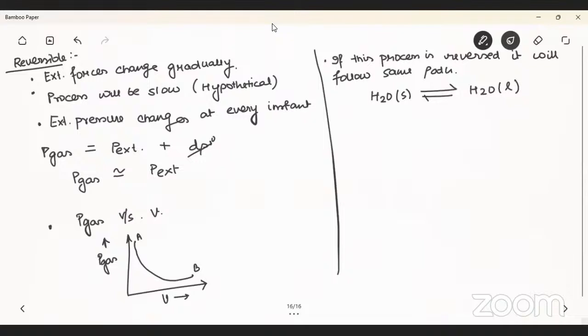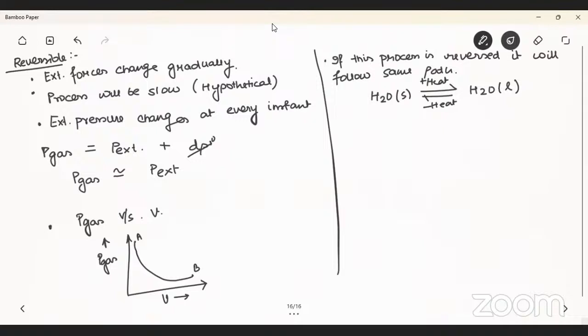Here we have applied some heat, here no heat is given. If you heat the ice, it will become water. And if you remove the heat, that means you cool it down, it will become solid. So this is a reversible process, right? It is following the same path. The path they used to reach the final destination, the same path they will use to reach the original form, if they are allowed to.